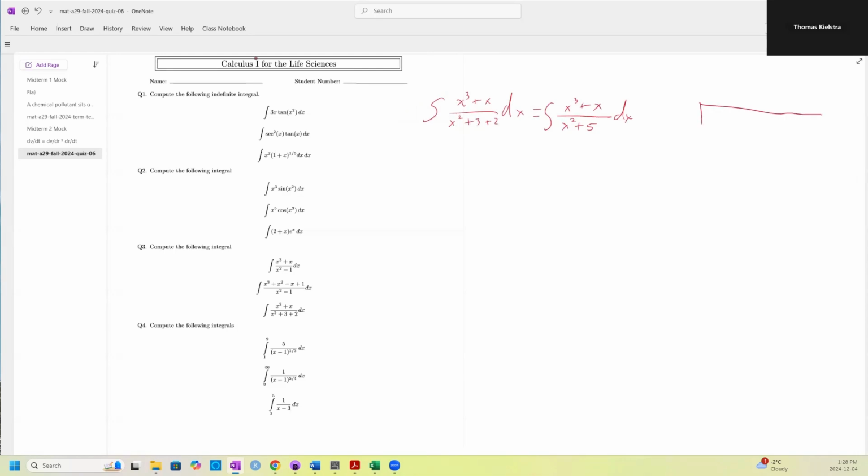We start with our long division, x cubed plus 0 x squared plus x plus 0, divided by x squared plus 5. x times x squared equals x cubed, plus 0x squared plus 5x. When we subtract, we get minus 4x plus 0. So this equals the integral of x plus negative 4 over x squared plus 5 dx, which we can integrate using a simple substitution.